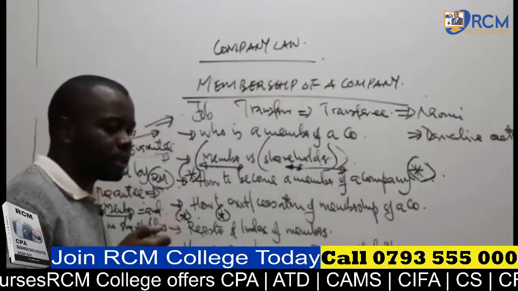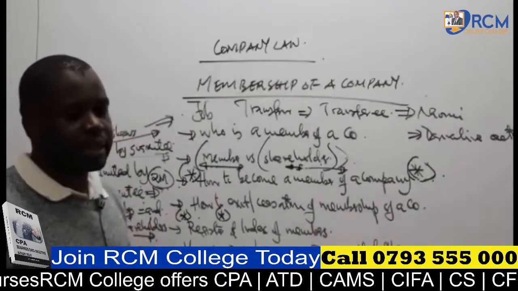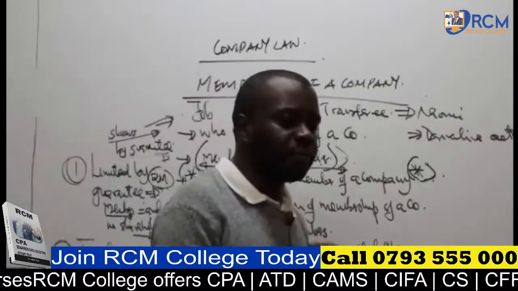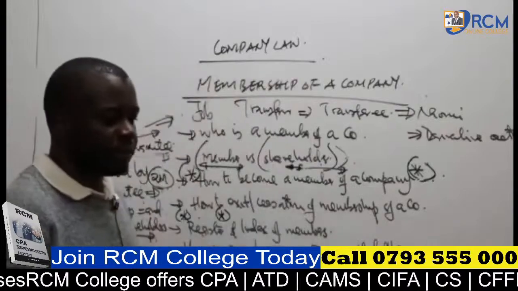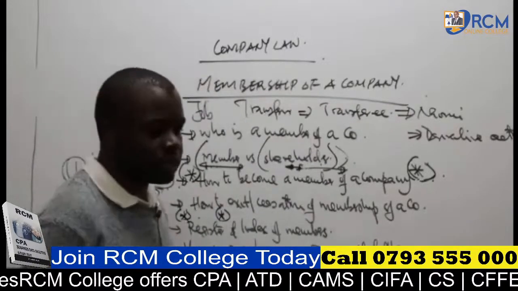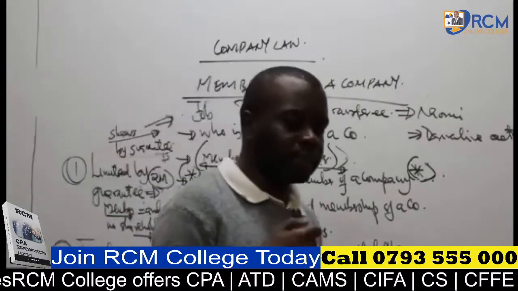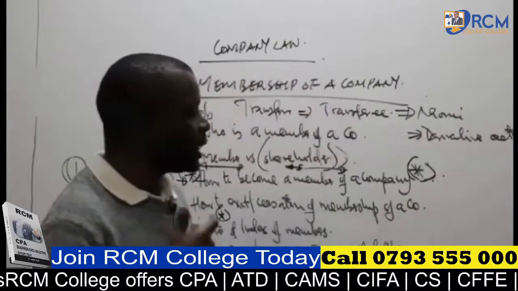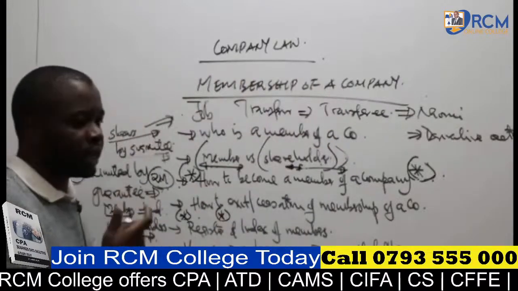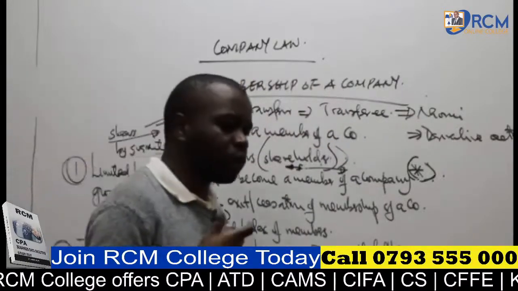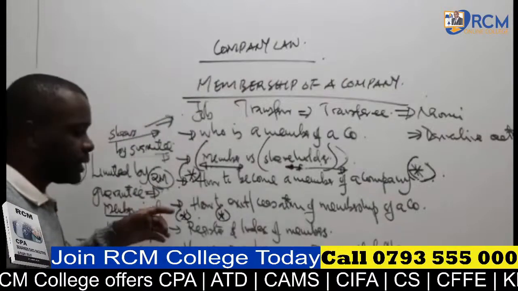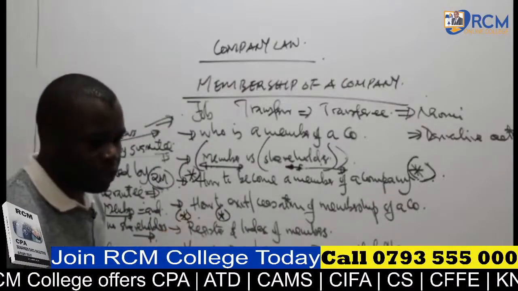It is a process. It might take a week or even a month because it has to be received in the company and approved by the board. So by the time the board is sitting to approve the transfer of shares from me to Naomi, my name is actually still appearing in the register of members of the company.